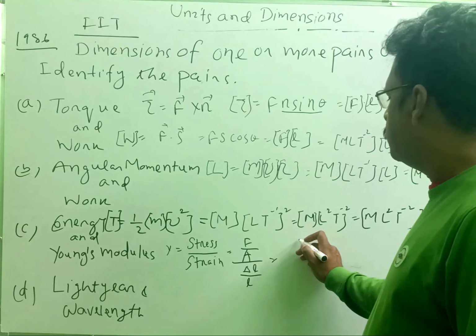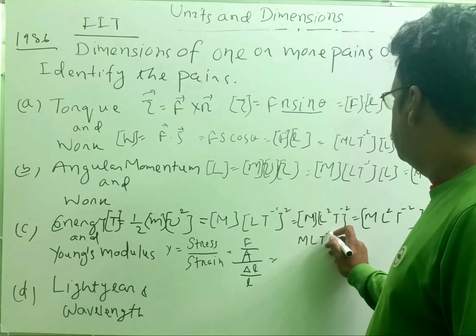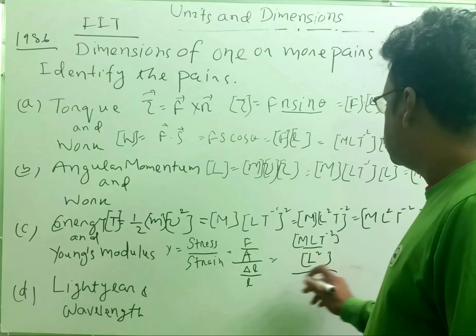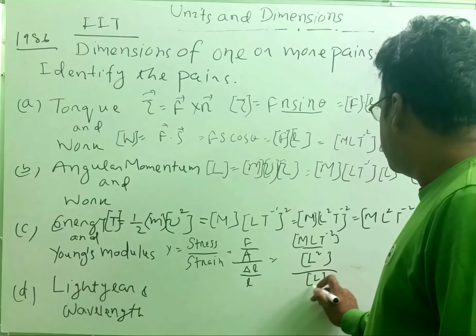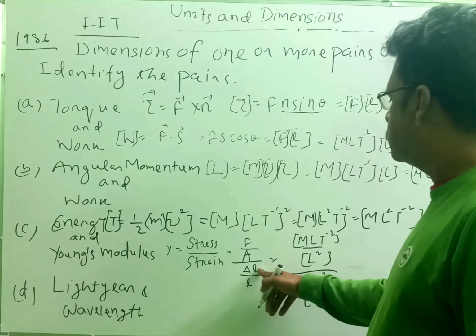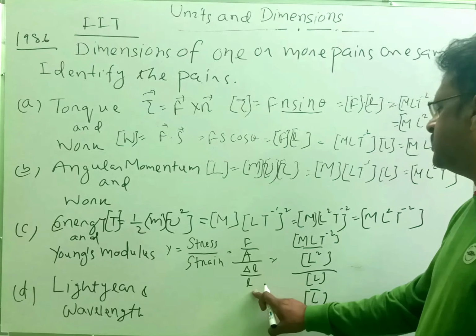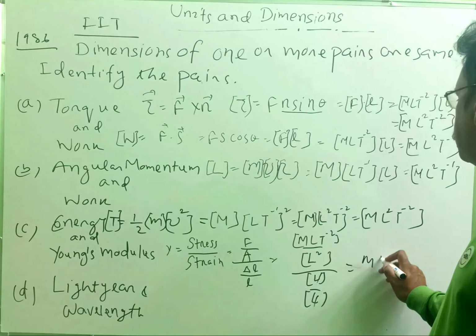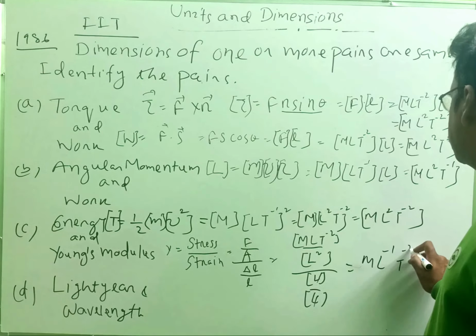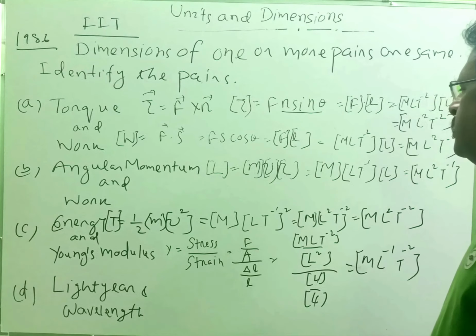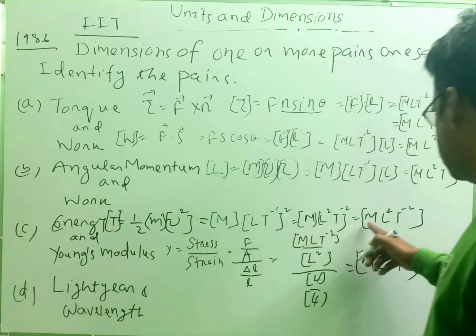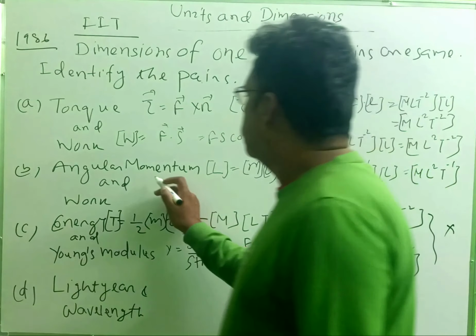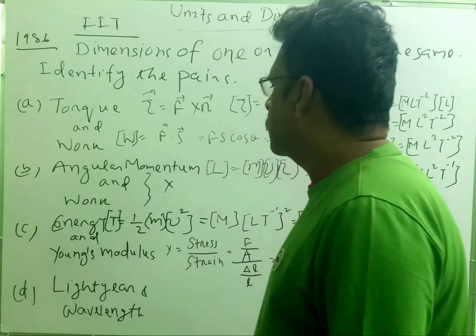The dimension of force is MLT^-2, and that of area is L^2. And what is the dimension of strain? That is L upon L. The dimension of delta L is also L. This is a length, this is a length, so both will cancel each other, and this will become ML^-1T^-2. And energy has the dimension ML^2T^-2. So these two are not the same. Angular momentum and work are also not the same, but torque and work are the same.